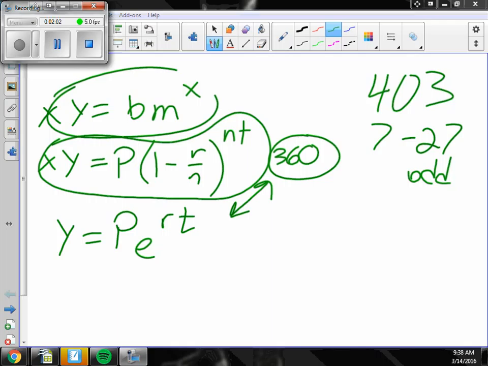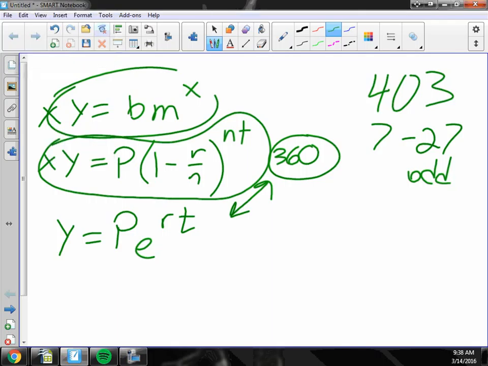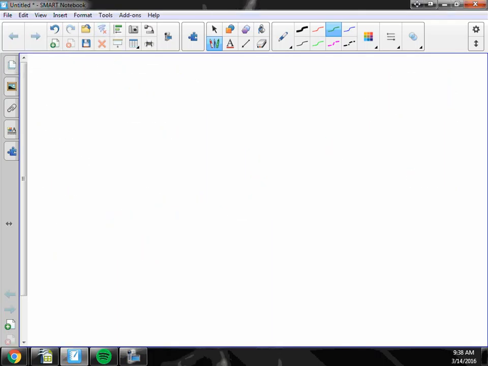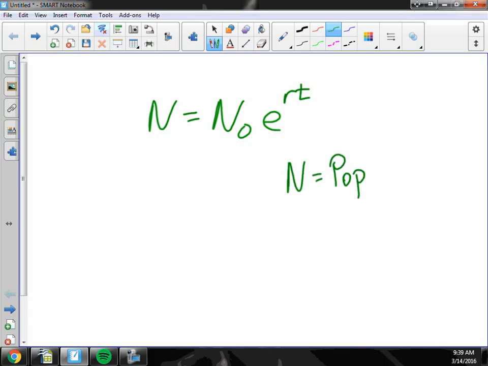So it looks like on today's assignment, they're going to say N equals N sub 0 e to the rt. N is the population, and N sub 0 is the initial population. In England, for 0, they often say the word naught.